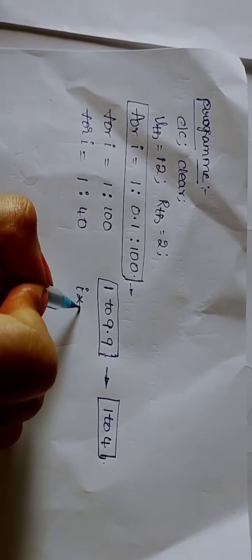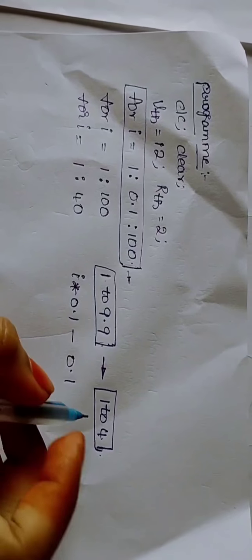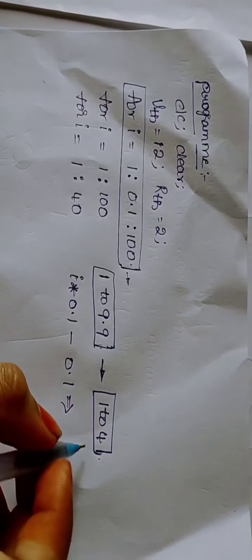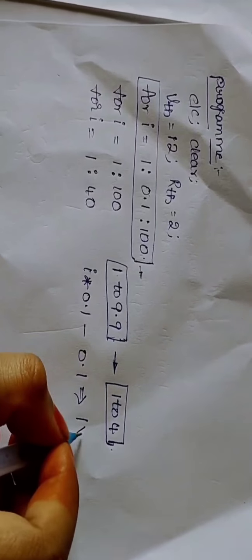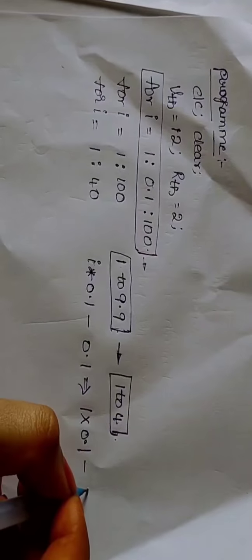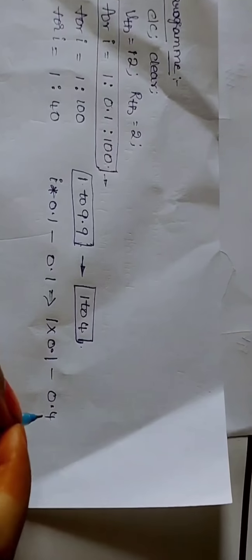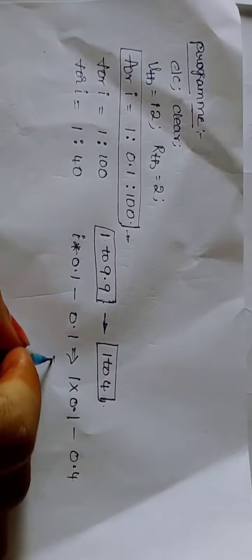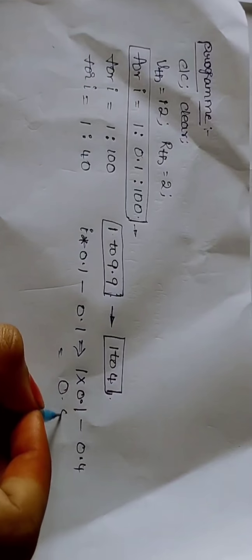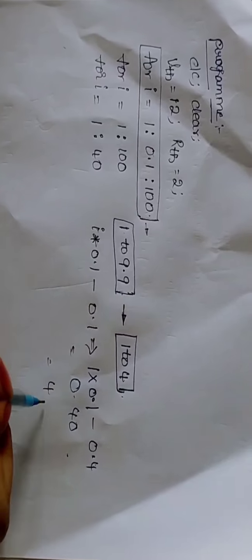It gives the result I into 0.1 minus 0.1, so 1 into 0.1 minus 0.1 gives 0.4, a total value less than 4 ohms.